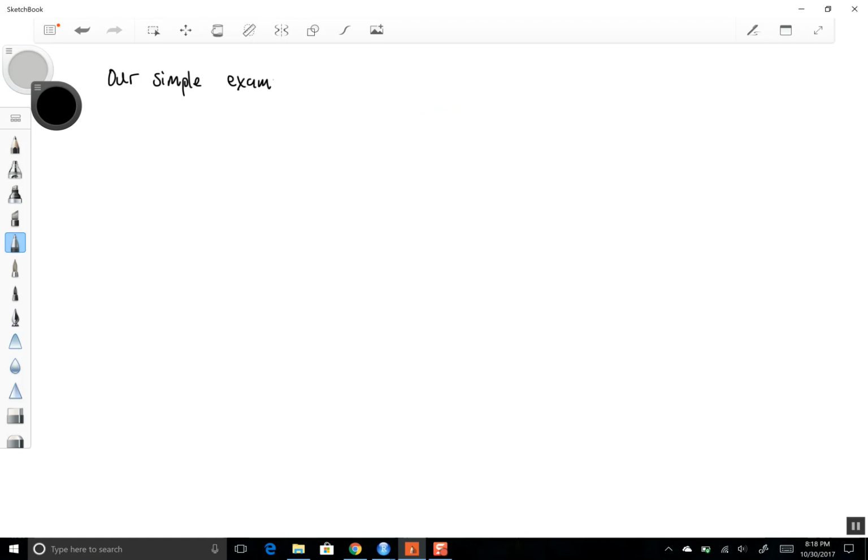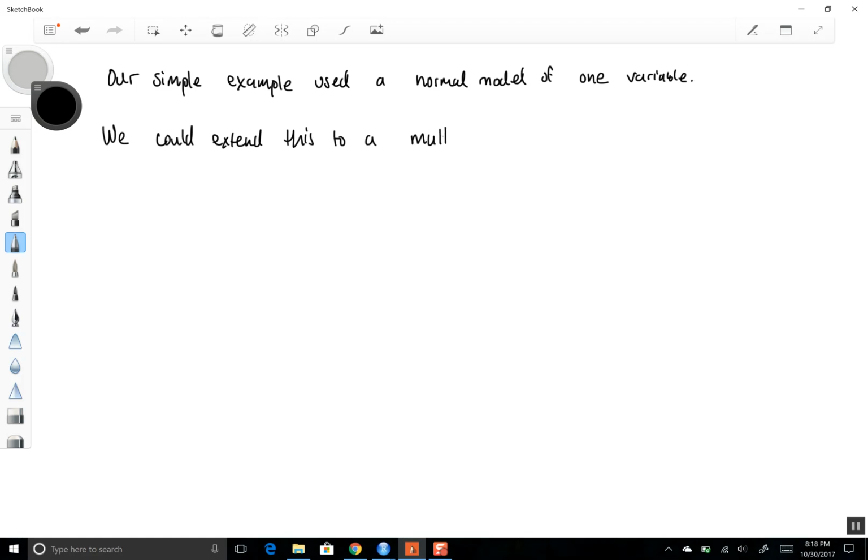So kind of, you know, our simple example used a normal model of one variable. Okay, and we could extend this to a kind of a multivariate normal model.